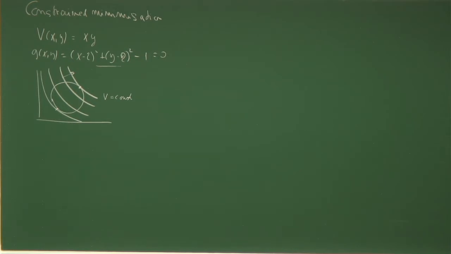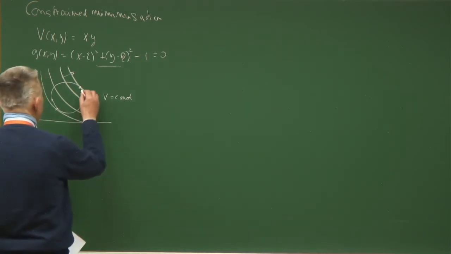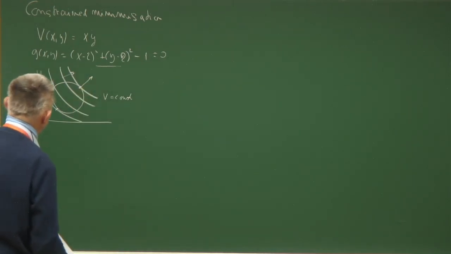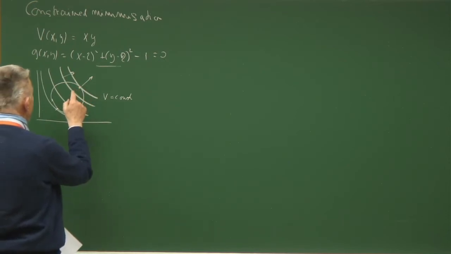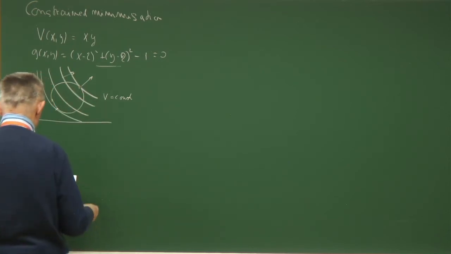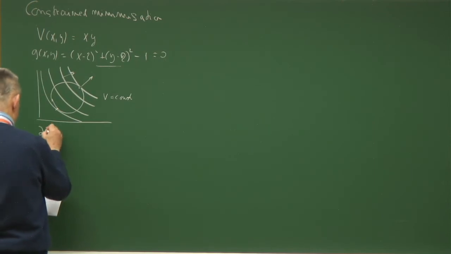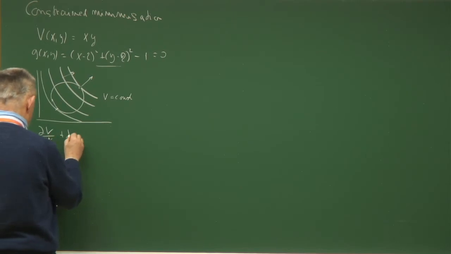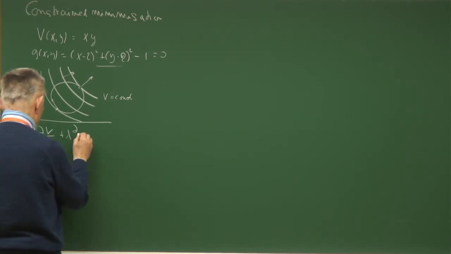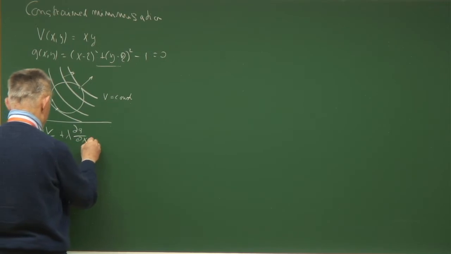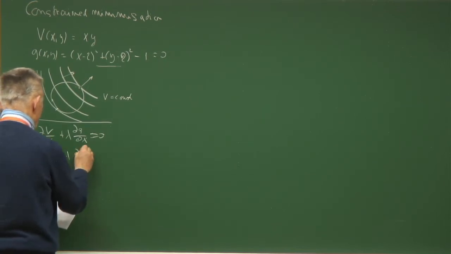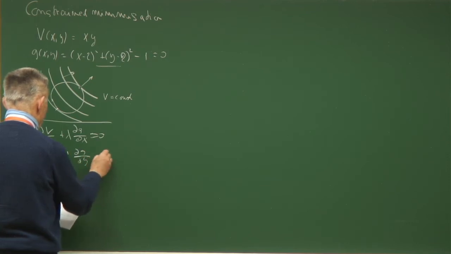Well, that means the normals to this curve have to be parallel to this one. So that means that dV over dx plus lambda, that's parallel, dg over dx equals to 0, and dV over dy plus lambda dg over dy equals to 0.